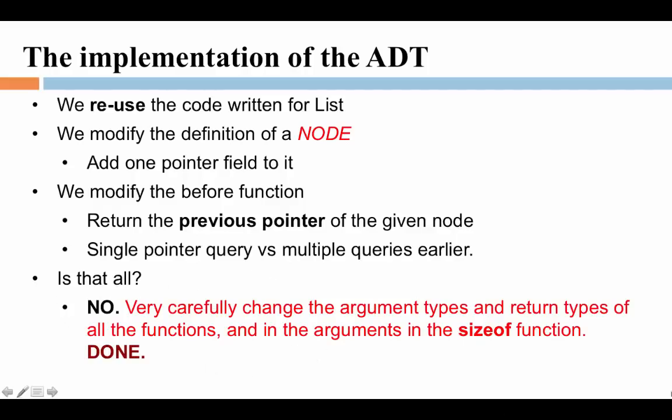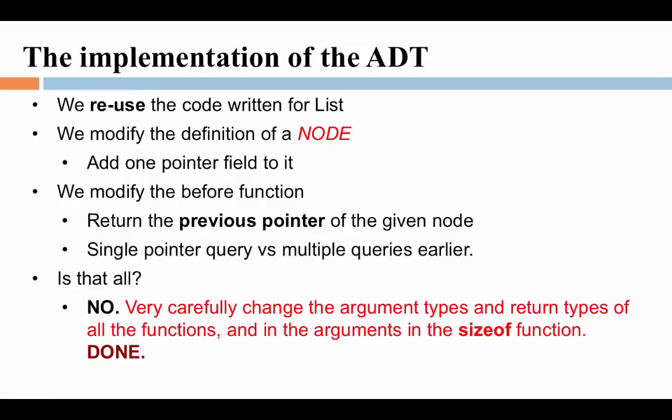Here is an implementational modification, which means that because we are going to reuse the code which was written for lists, we should be very careful and ensure that the argument types and the return types of different functions are changed. The arguments in functions like size of, which are library functions, are also carefully changed.